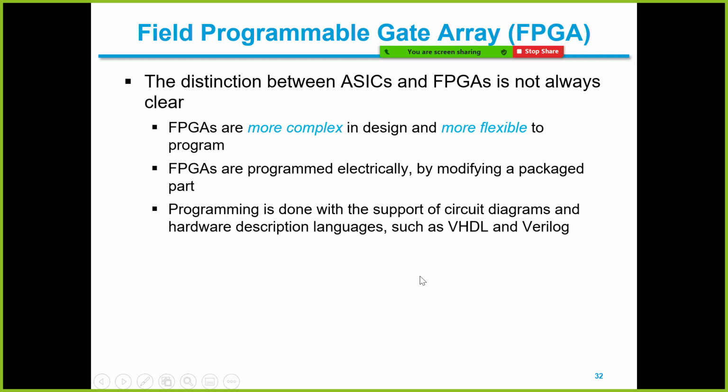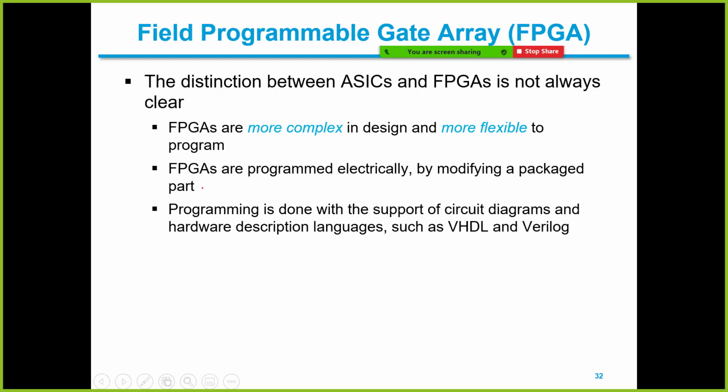FPGA. So actually, from the composition level, FPGA and ASICs have the same composition with basic logic gate cells, right? The difference is that FPGA is more complex in design and more flexible to program, because ASICs are customized to a certain application, right?